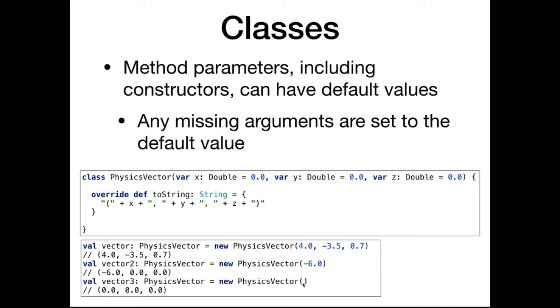If I don't give any arguments, all of them are going to default to their default values. I'm going to get the vector 0, 0, 0. This is usually convenient if we don't always want to type those extra zeros. Saves us some time and effort in these constructor calls and general method calls.